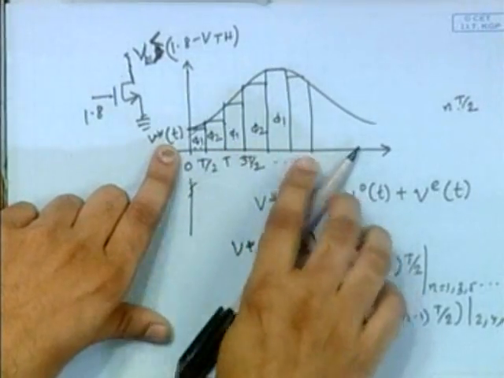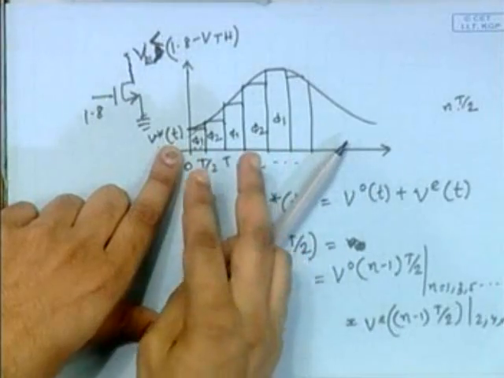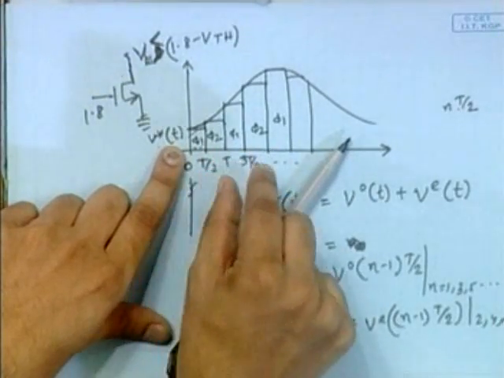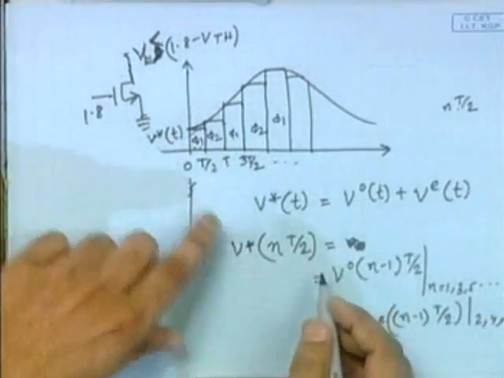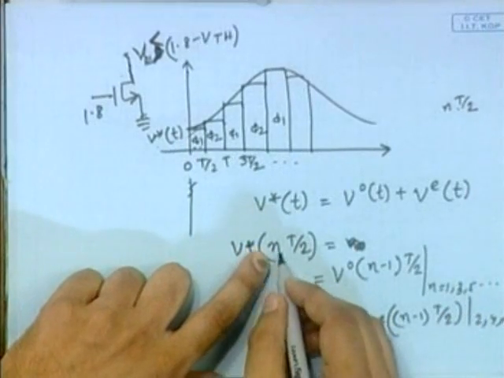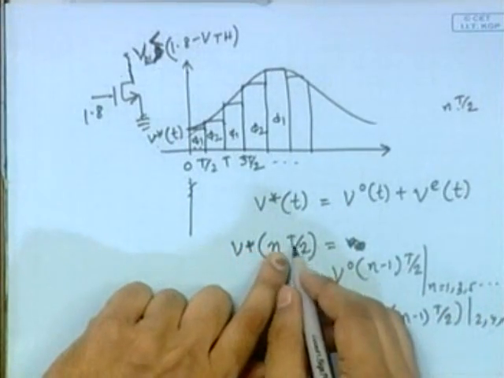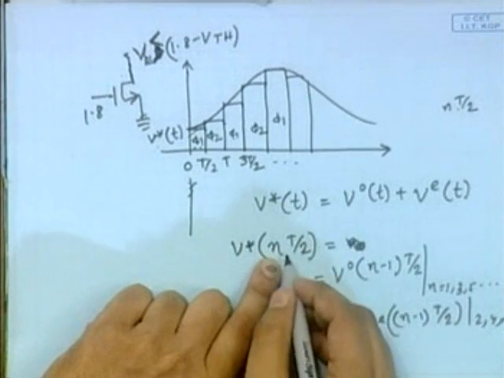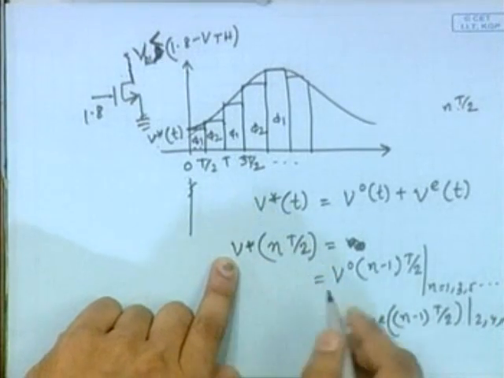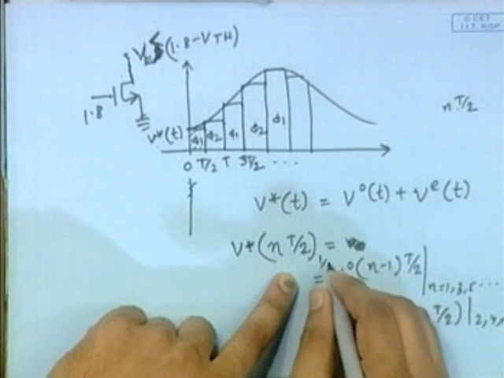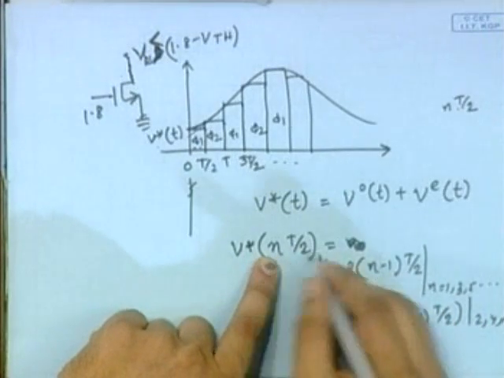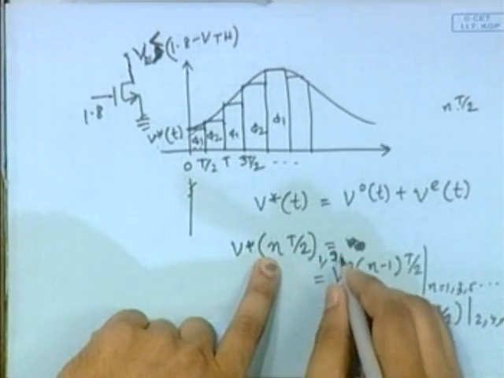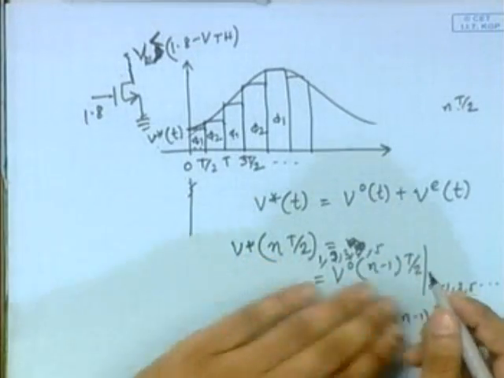Now as these two pulses are non-overlapping and at the same time have equal time periods, we are taking samples this way, at T by 2 multiplied by n. At that instant we can write those samples this way, where n contains 1, 2, 3, 4, 5, all the samples.